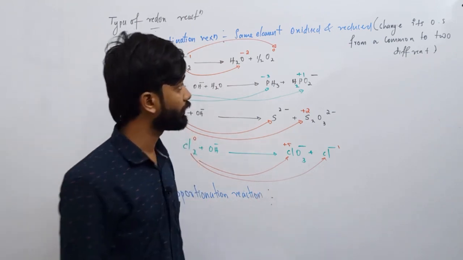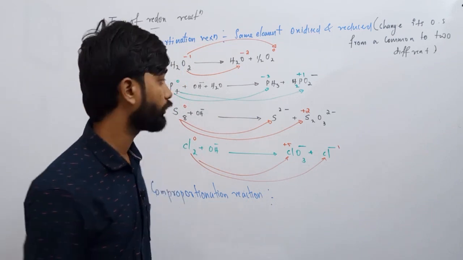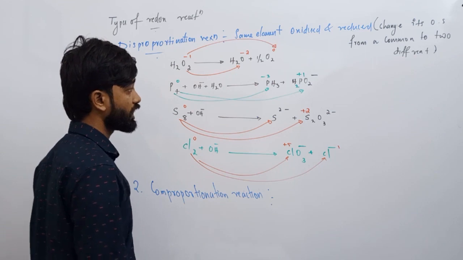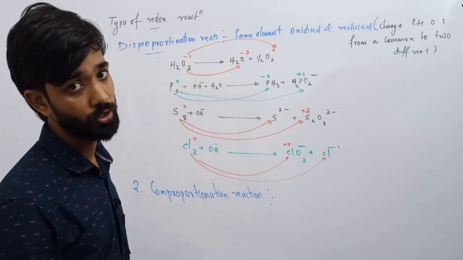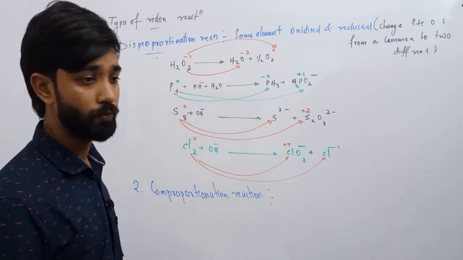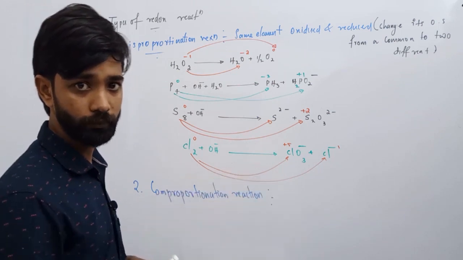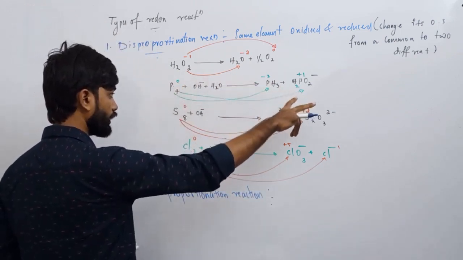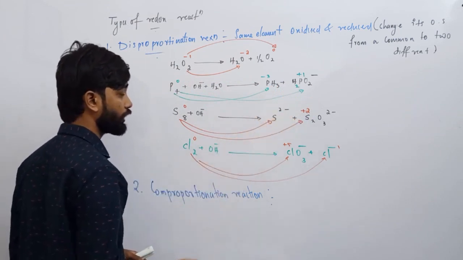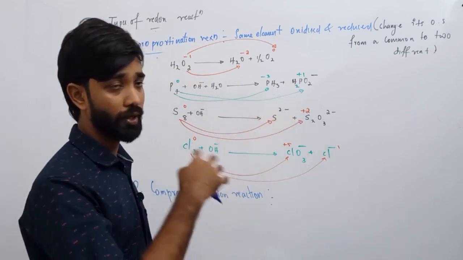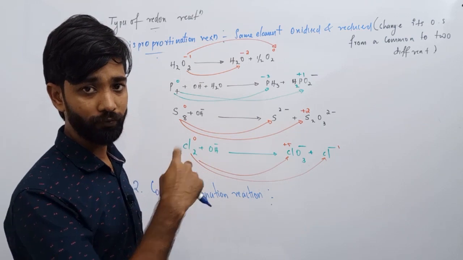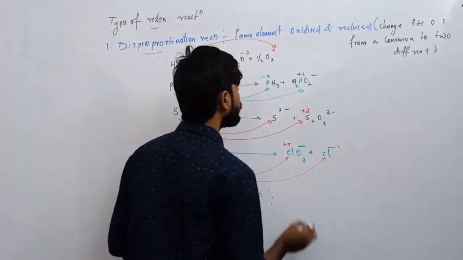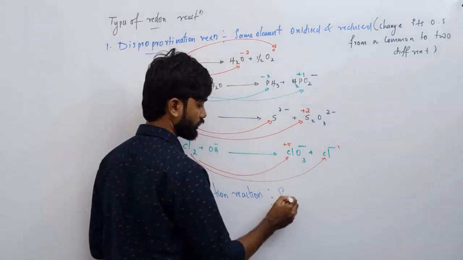Same element is oxidized and reduced, but the oxidation state changes from two different values to a common one. Before the reaction, it exists in two different values, and after the reaction it becomes a common, single value, where the same element undergoes oxidation and reduction.